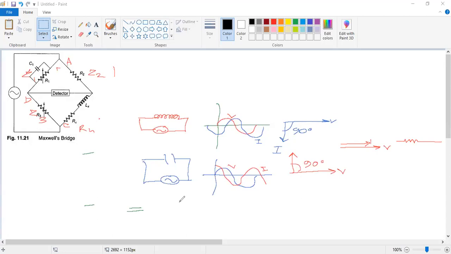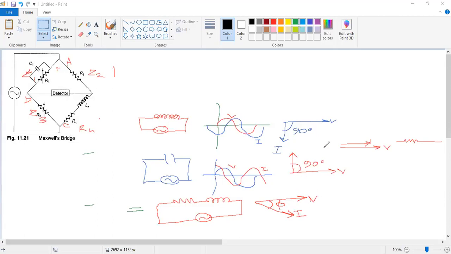But now if we go for the complication, where we have one resistance and one inductance, what happens? What will be the phasor? This is V, and this is for the I, with angle phi.